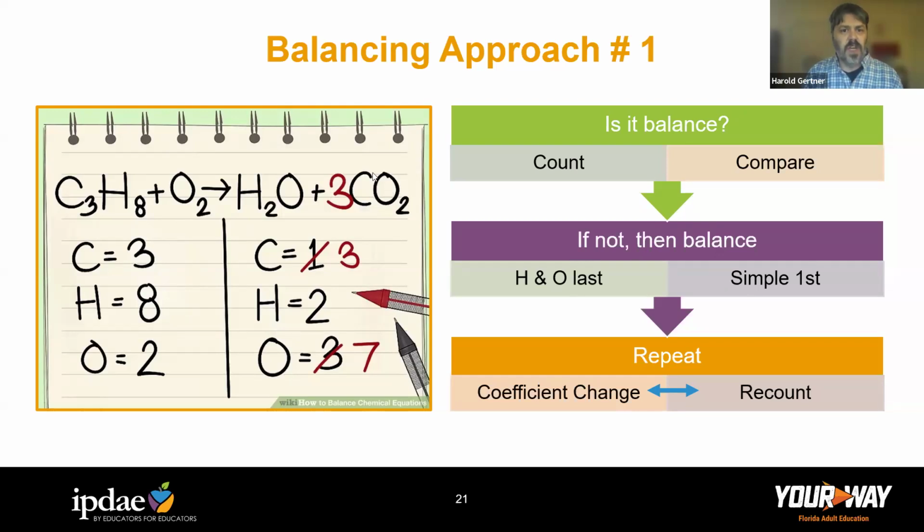And that brings them to deciding that the CO2 is the easiest thing to work with first because there's no hydrogen and an oxygen and everything. Okay. And so as you go, you're going to then recount as you make changes, as you change the coefficients. And at this point, you'll have to remind your students part of the balancing is that we cannot change the subscripts.